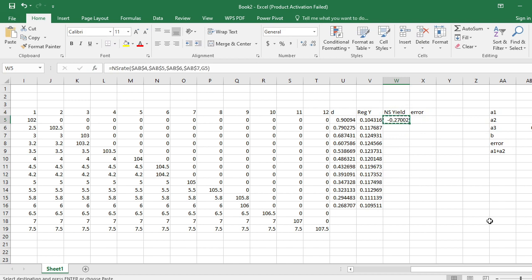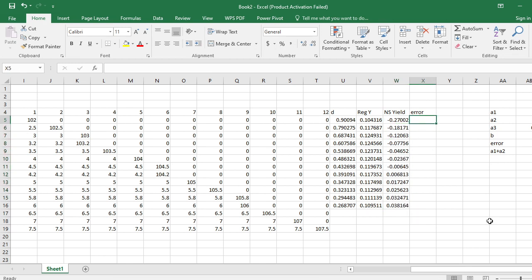And I want to reduce the difference between the two.